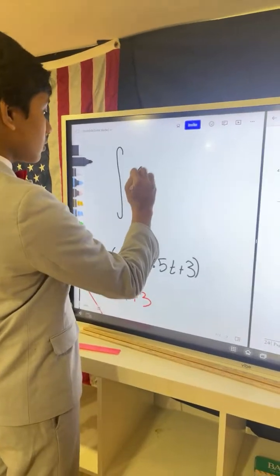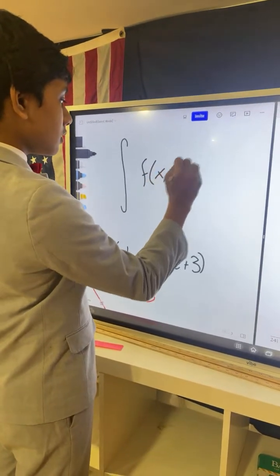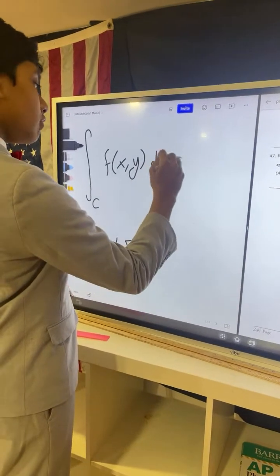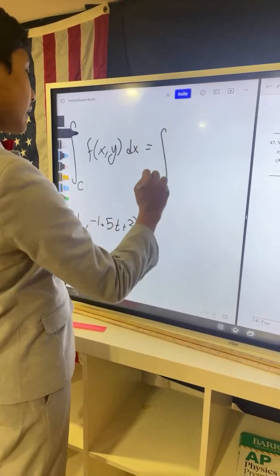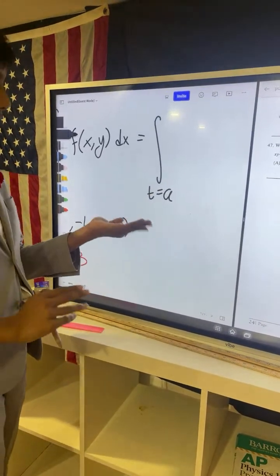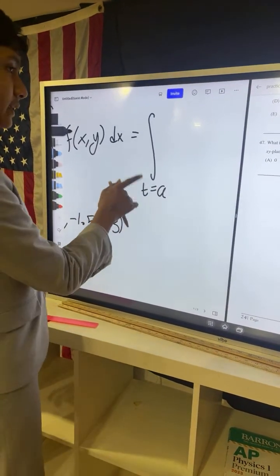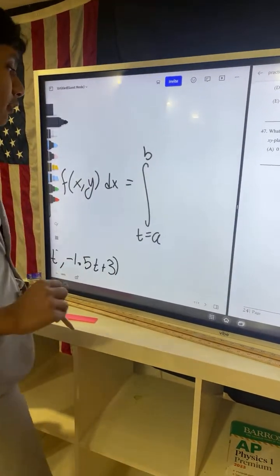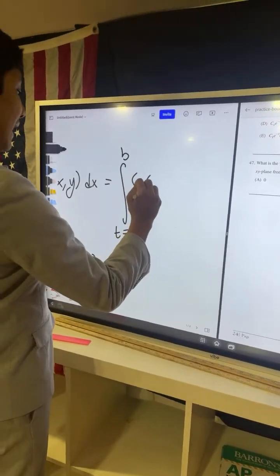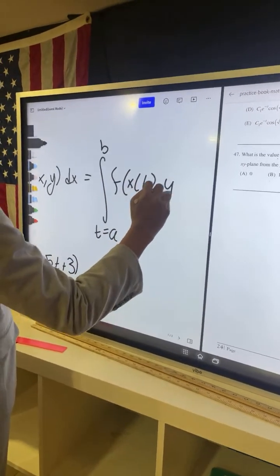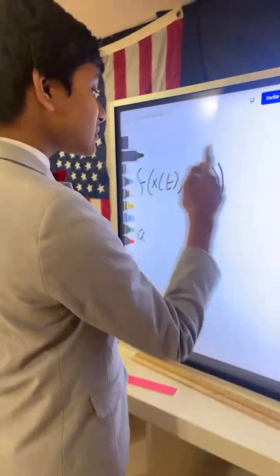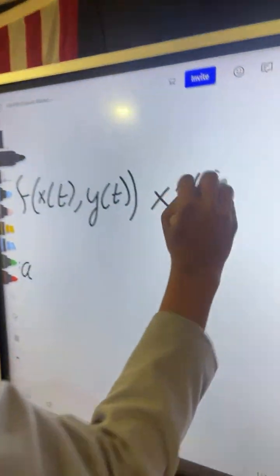Finding the integral of this over some curve is equivalent to finding the integral from t equal to a, t being the variable we're parametrizing over, to b of f of x of t, y of t, and by the chain rule, since we're differentiating with respect to x, we've got to bring x prime of t outside.